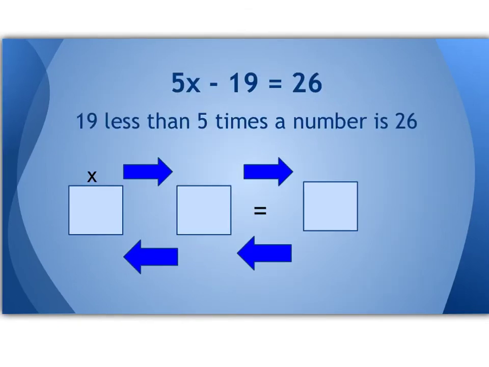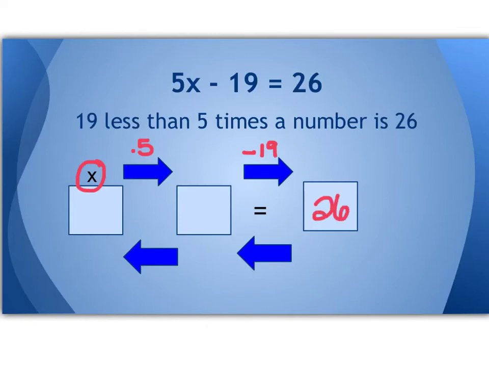In this example, we have 5x minus 19 equals 26. If I was to write a story, it might say 19 less than 5 times the number is 26. Remember, when we make the diagram, we're following order of operations. So what do I do first? I start with that variable of x, and I'm going to multiply by 5. And then I'm going to subtract 19, and I will get 26.